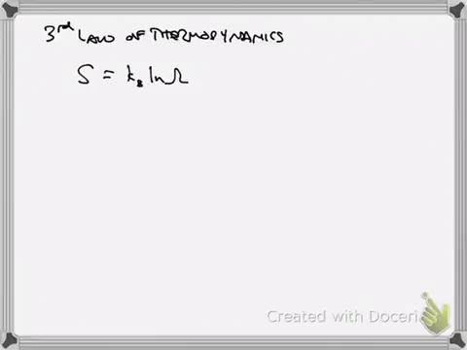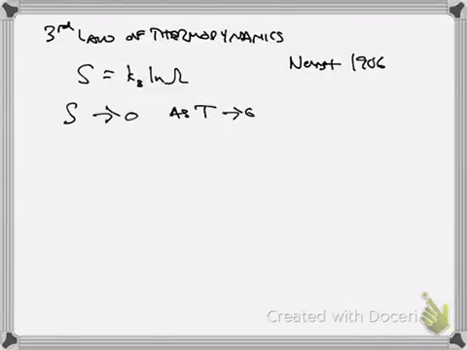The third law, as originally conceived by Nernst in 1906, is that S has to approach 0 as T approaches 0. It's been more recently amended, actually, so that S has to approach some small value as T approaches 0.